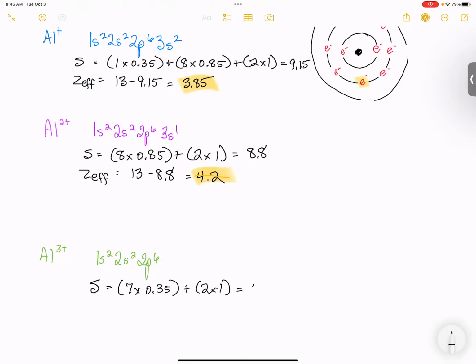Which is 4.45. I'm sorry, you're right. It's not 2 times 1. It's 2 times 0.85. Which is 4.15.